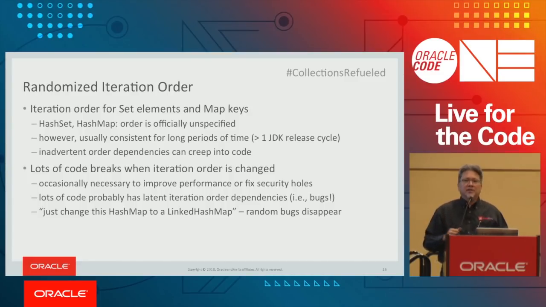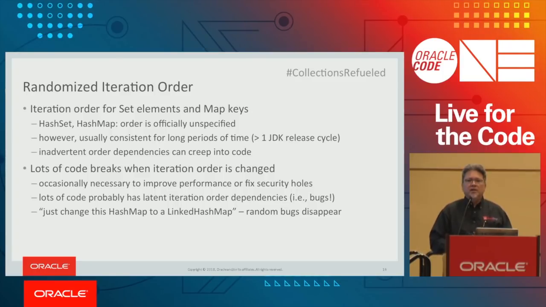But like I said earlier, the fact is that the iteration order is predictable and it's stable for multiple releases, and so code starts to build up these inadvertent dependencies on it. So instead what we're doing here, and this applies only to the new collections implementations, this does not apply to the existing ones like HashMap and HashSet and so forth, but the new collections implementations will randomize the iteration order.